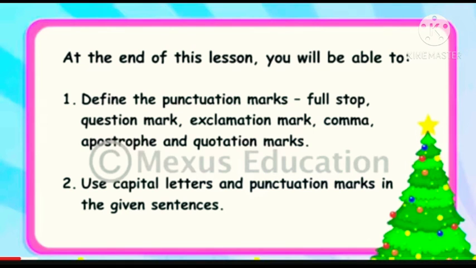Capital letters and capitalization also play a very important role in punctuating a sentence, so you will know that too. And you will know about the uses of full stop, question mark, exclamation mark, comma, apostrophe, quotation marks, etc. All right, so let's start.